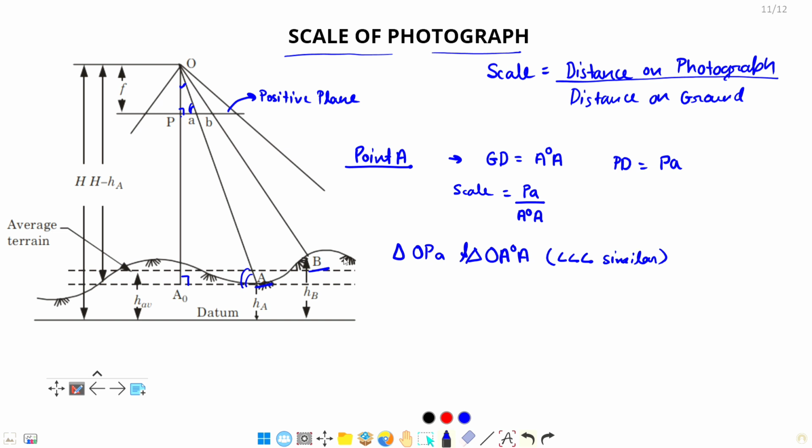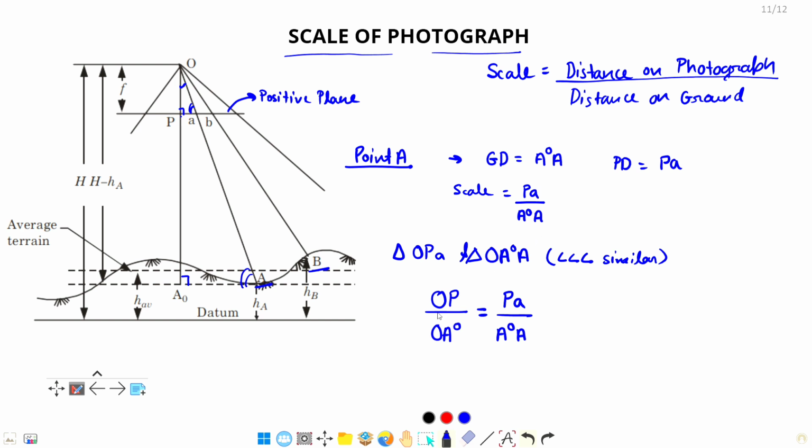So we can say that OP upon OA not A is equal to PA upon A not A, and for scale we require only this, PA upon A not A.